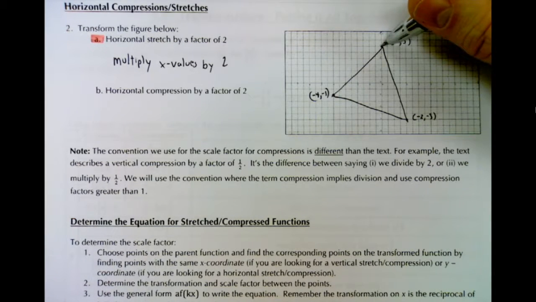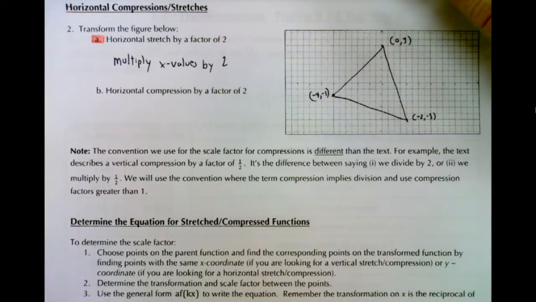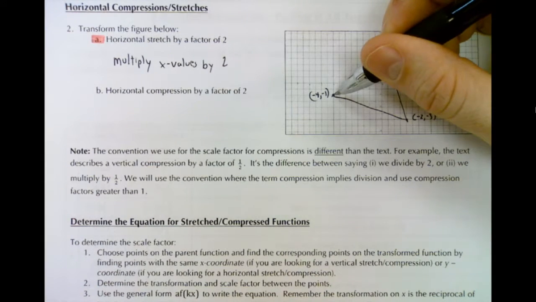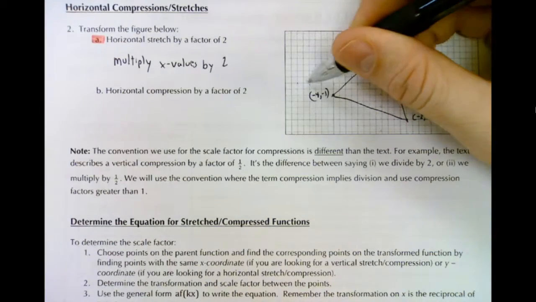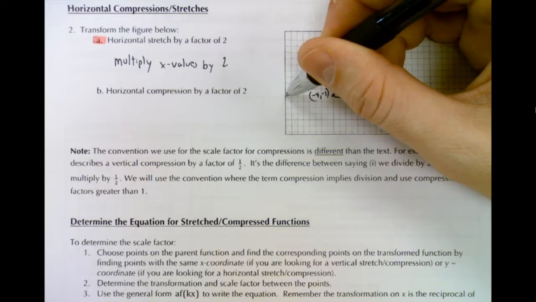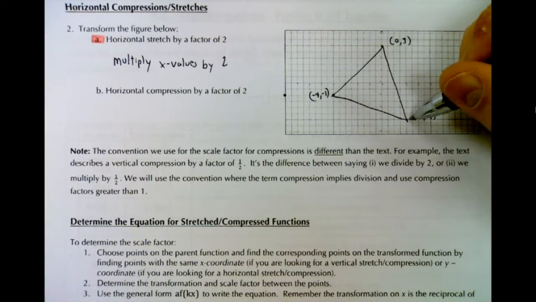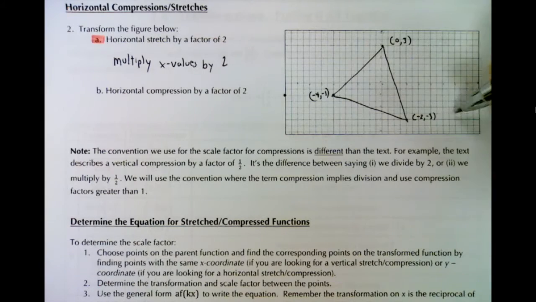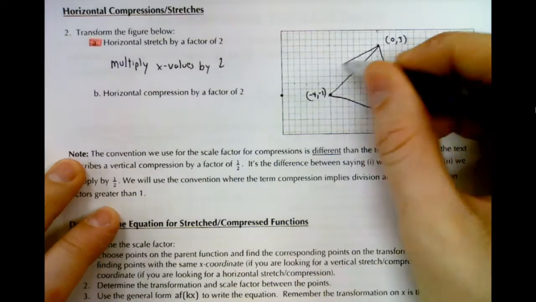If we're stretching it, 0 multiplied by 2 is 0. That point doesn't change. -4 times 2 would be -8. That would be -5, -6, -7, -8, all the way over here. Y doesn't change. And -2, -3, multiplying the x by 2, would take us to -4, which would be this point right here. And if we connect these dots, we end up with our stretched graph.